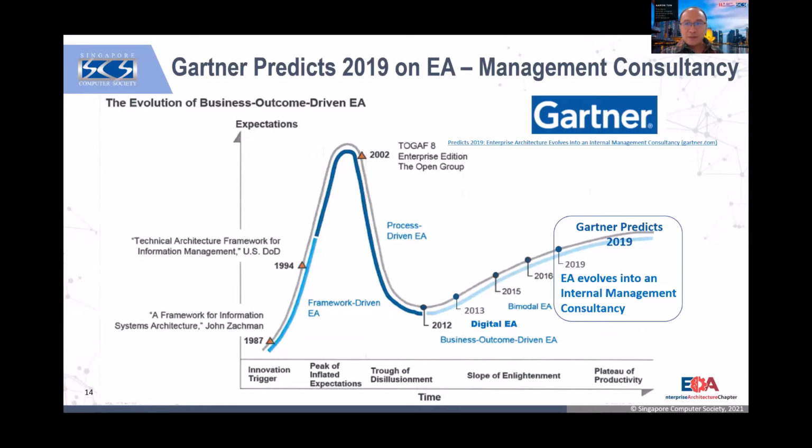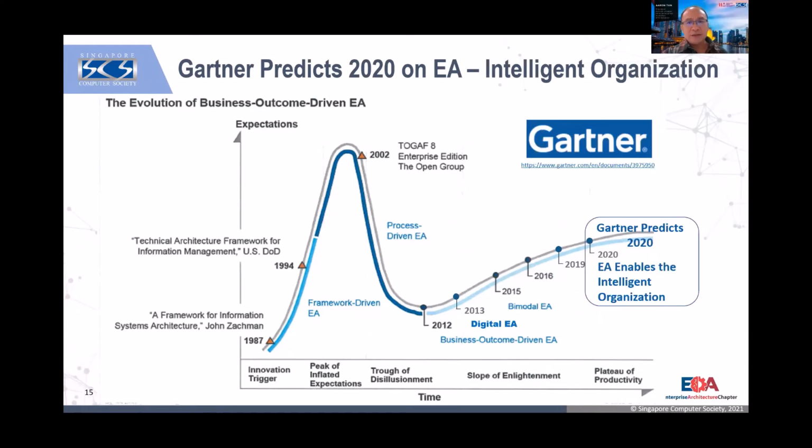Typically, if you are a listed company, before you make a press announcement about your annual report, you engage a strategic consulting company to give you the overview of what you should be saying to the public, so as to gain confidence. So Gartner said that your EA team should evolve into an internal management consultancy, providing consultancy to the senior management, not only about IT systems, but advising the whole organization on strategy, vision, mission and transformation. That's 2019.